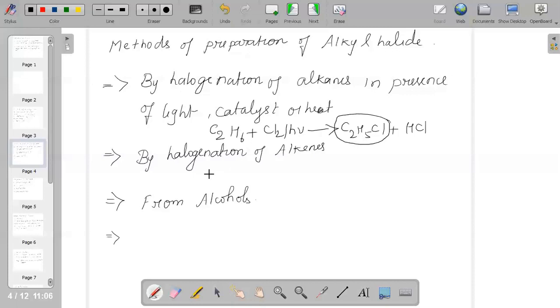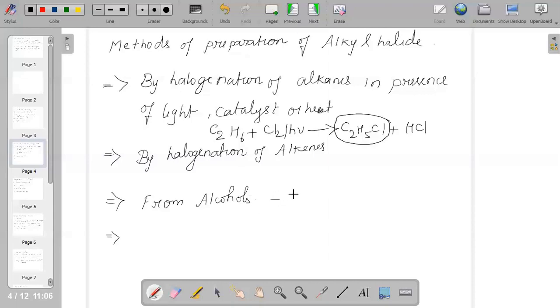The second method: not only alkanes, but even by halogenation of alkenes, we can prepare alkyl halides. The third method is that we can prepare alkyl halides from alcohols.